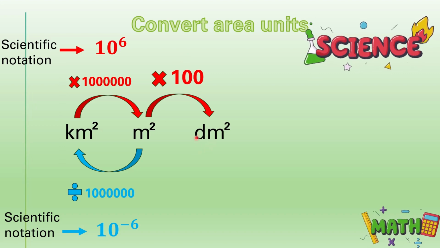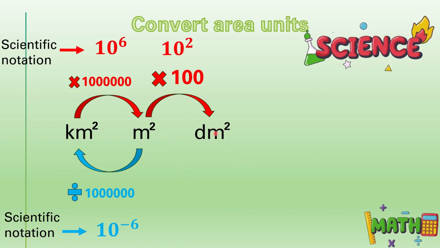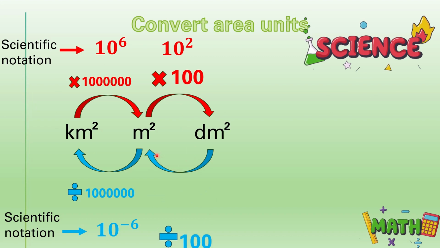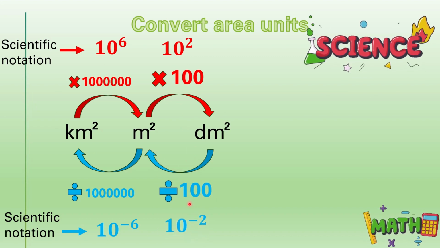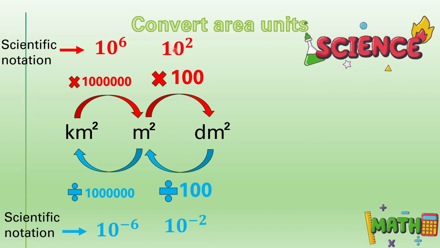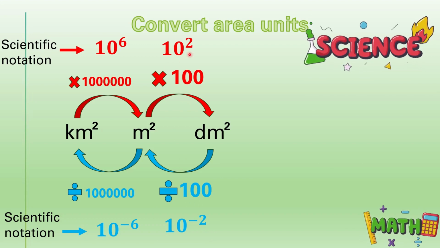And if you are going from decimeter squared to meter squared, from smallest to biggest, you will do division, and how much? Divide by 100. In scientific notation, this is 10 on the power of 2, which means 10 times 10 gives you 100.